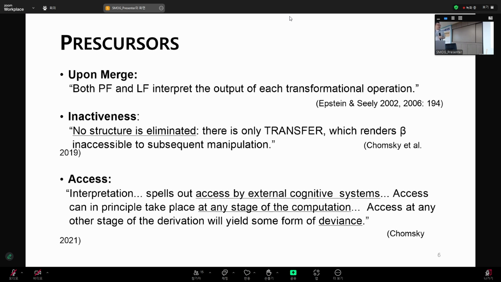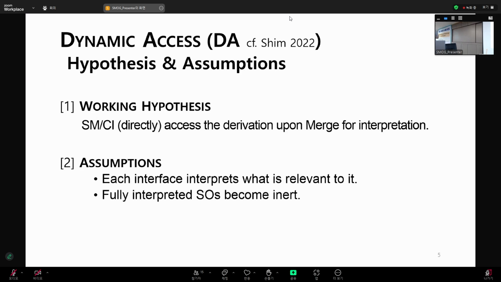And lastly, as for direct access by the interface, Chomsky more recently, 2021, suggests that interpretation basically spells out direct access by external cognitive systems, namely the SM and CI interface. So, as I said, my working hypothesis and these two assumptions are not entirely new, but built upon their precursors.